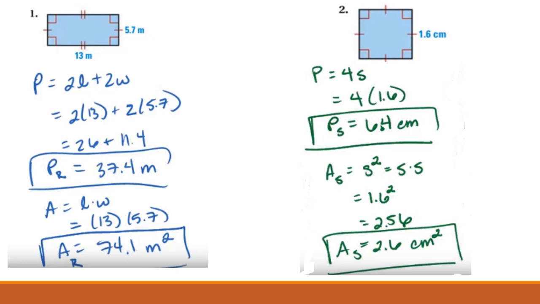So the area equal 2.56. What is the unit here? Square centimeter. Excellent, because the side here I measure it in the centimeter, so it's 2.56, or I can round it to 2.6 centimeter square.